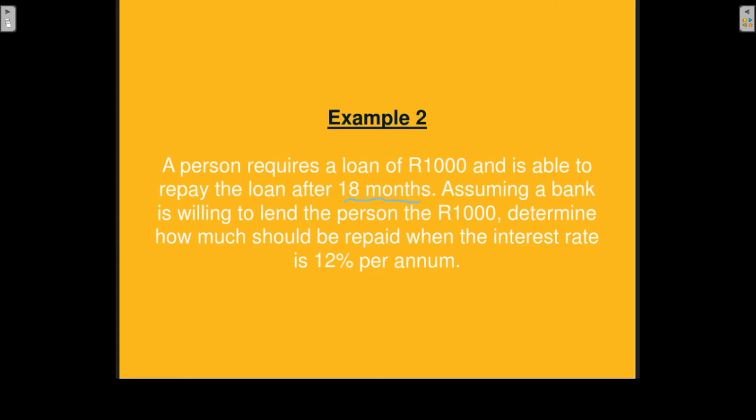So we cannot have the interest rate per annum and the time period in months. So we have to convert the time from months to years. To convert the 18 months to years, we just take the 18 and divide it by 12, the number of months per year, and then we get 1.5. So now we know that the time period in terms of years is 1.5.